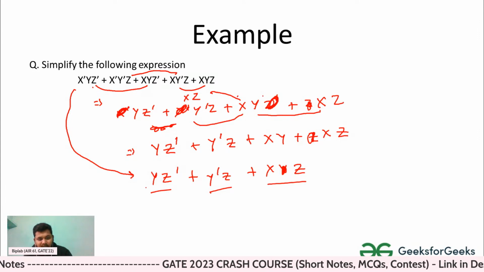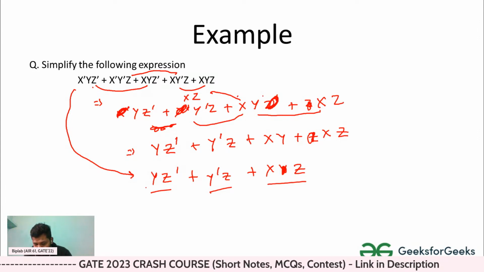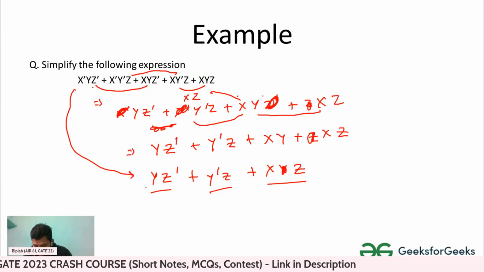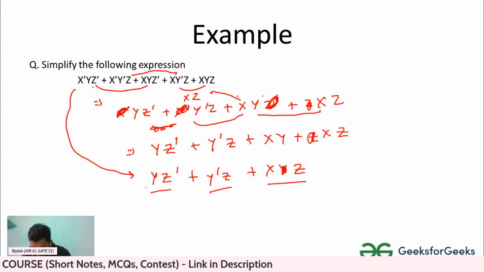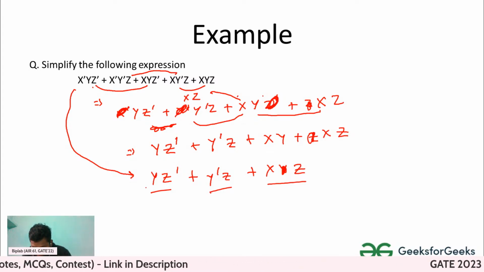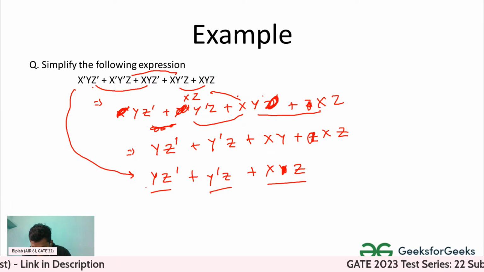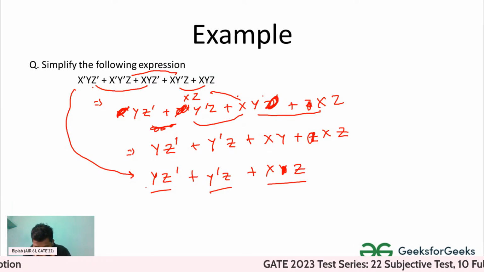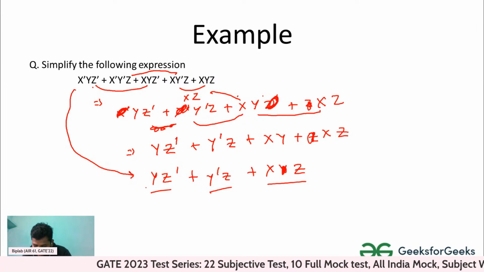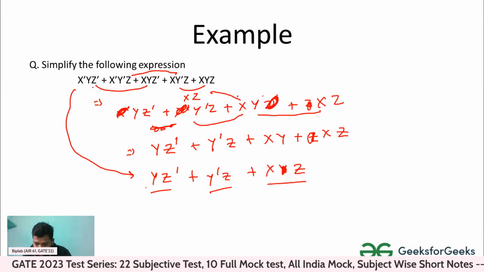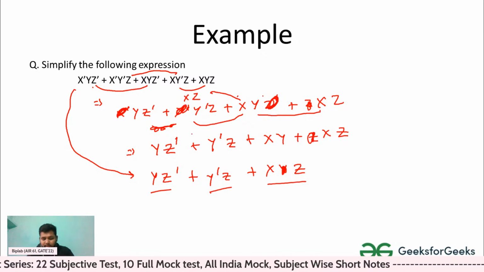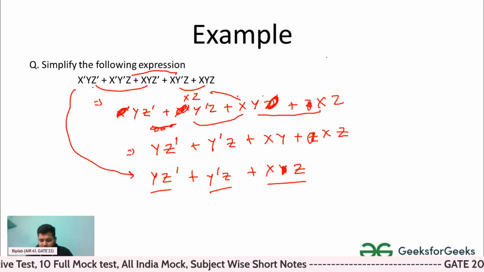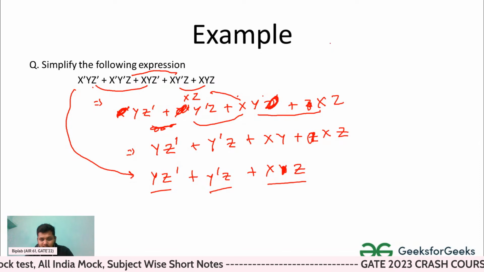So you are saying x bar, y bar z, x bar z bar y. Is it correct or not? No, I don't think this is correct. You cannot eliminate two terms directly.